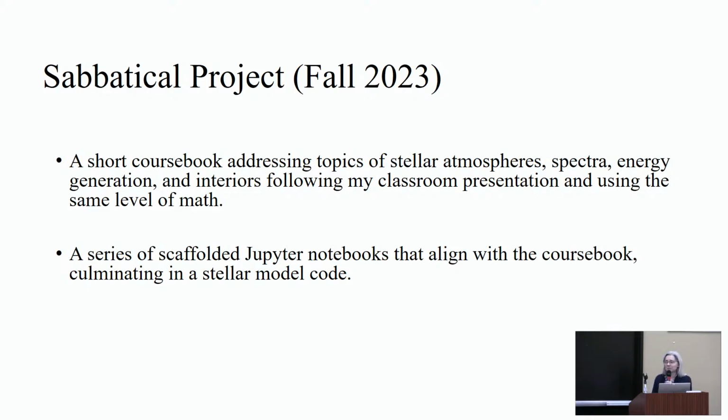Along with this, I also created a series of scaffolded Jupyter notebooks using Python that align with the course book that do culminate in that stellar model code, with the idea being that students will be more prepared to see that and to understand it because they have worked through these earlier ideas in both astrophysics and in programming.